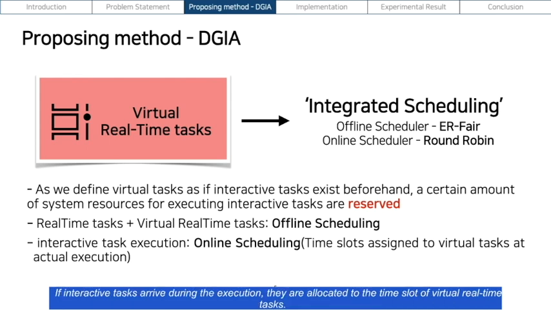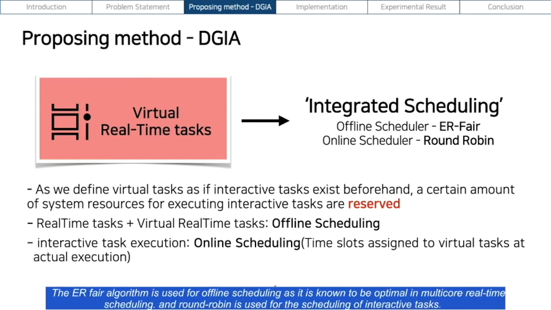If interactive tasks arrive during the execution, they are allocated to the time slot of virtual real-time tasks. The ER pair algorithm is used for offline scheduling as it is known to be optimal in multi-core real-time scheduling, and round robin is used for the scheduling of interactive tasks.